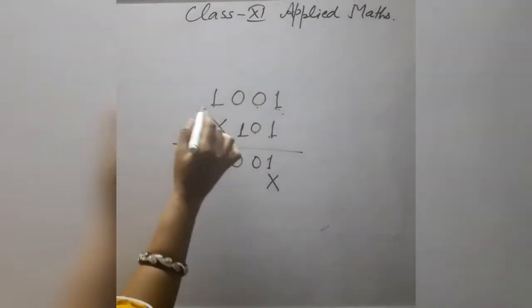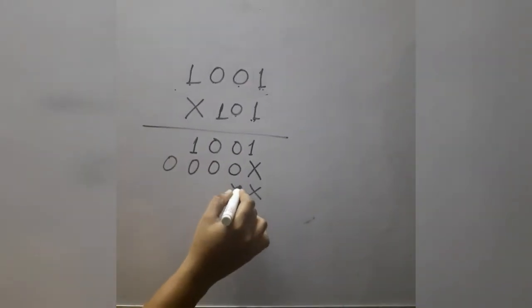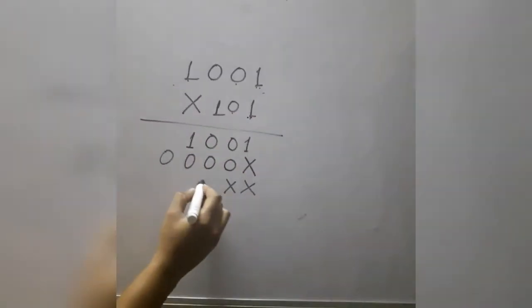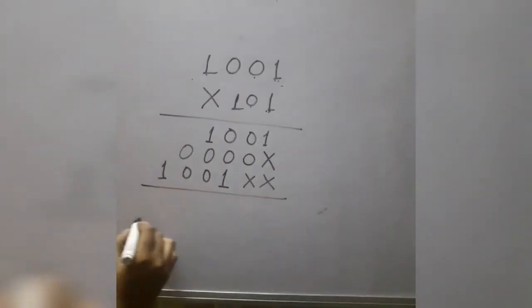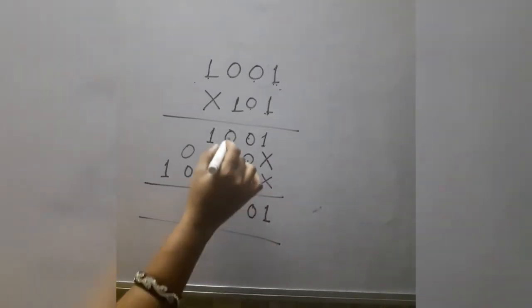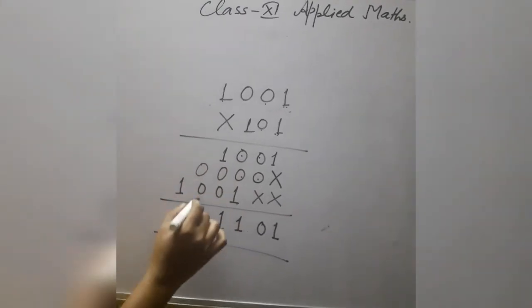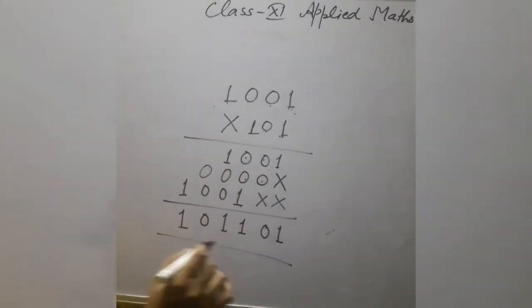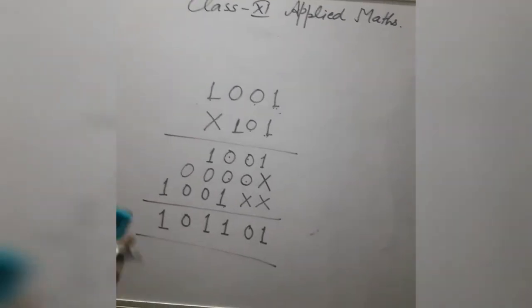Now 0 is multiplied with all these digits, it becomes 0. Now this 1 is multiplied with these, it becomes 1 0 0 1. And in the last step, the sum of these gives 1 0 1 1 0 1. So this is the multiplication of two binary numbers.